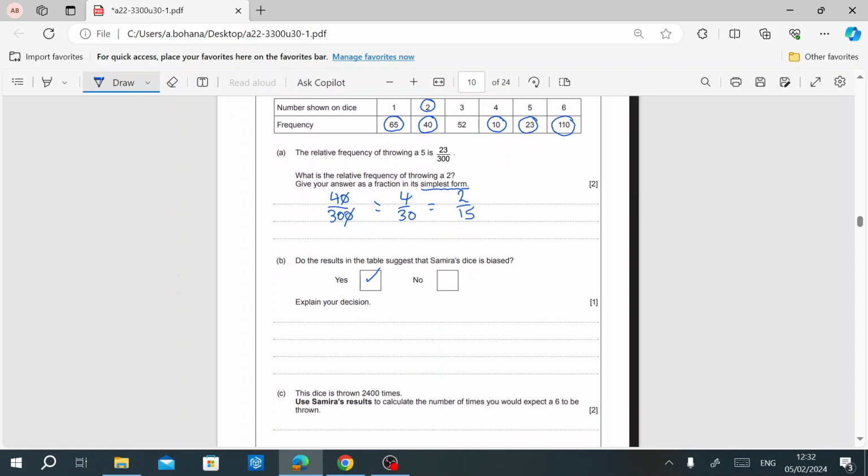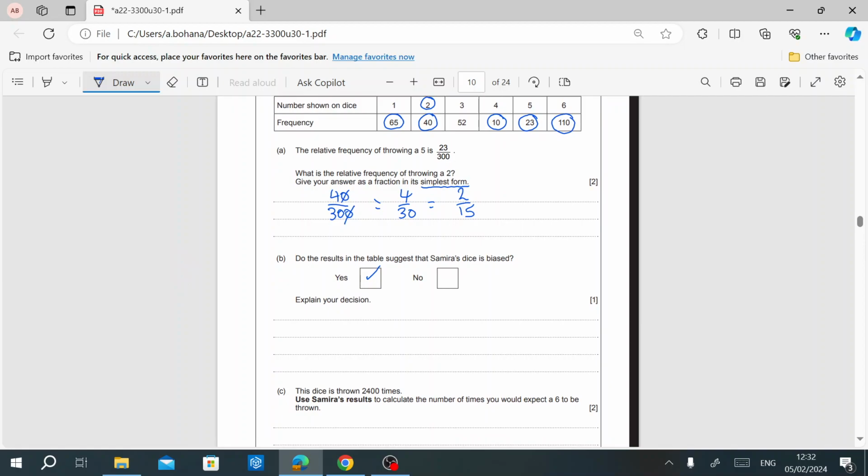There appears to be no consistency here, okay? So it's up to you how you say this. You can say 6 was thrown way too many times, or 4 was only thrown 10 times. Or you could just say there appears to be no consistency between the numbers, but you've got to try and relate it to a specific number on the dice.